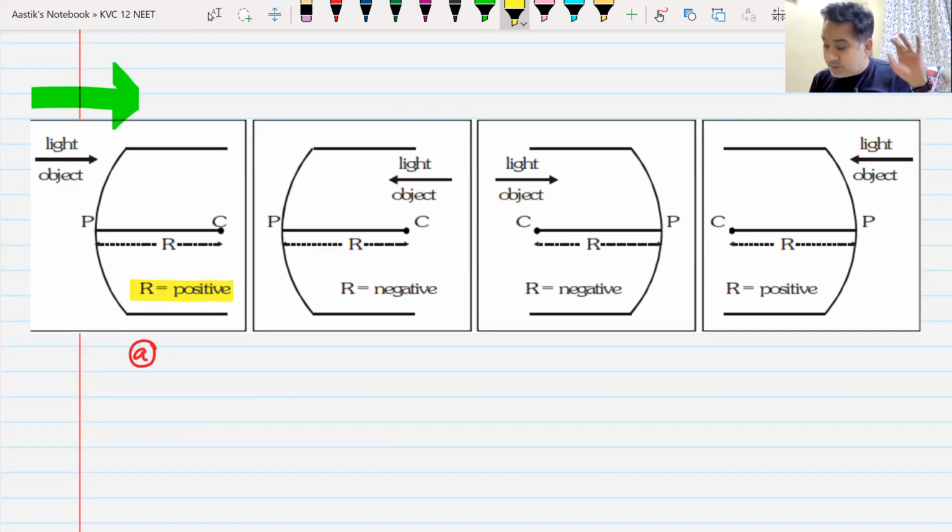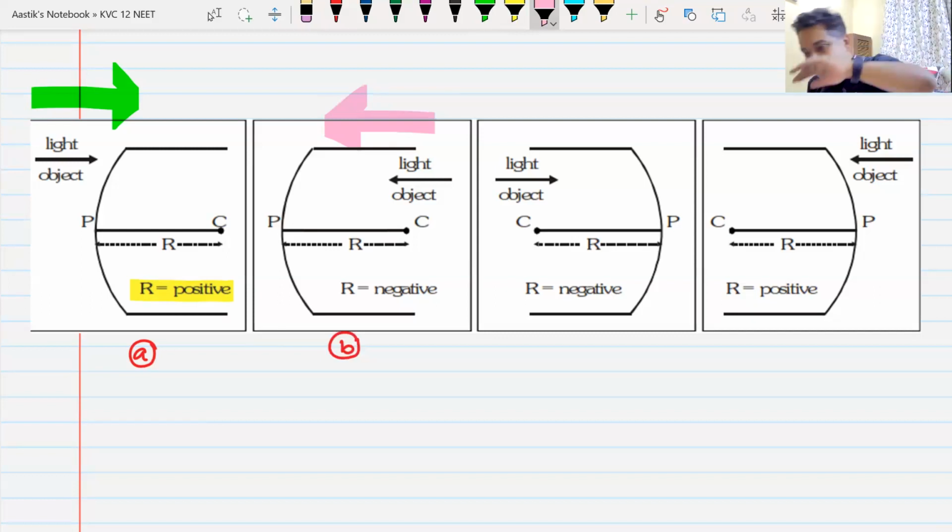But now see, in the second case, case B, light is coming not from the left hand side, but from the right hand side, like this. Now, same surface, if I'm looking from here and if light is coming from there, what is the sign of R in this case? The sign of R becomes negative.